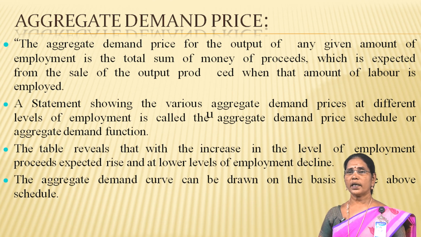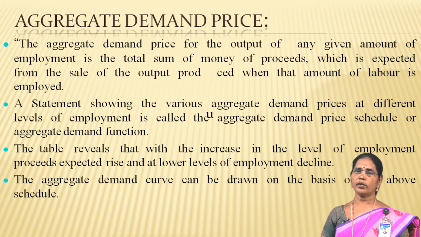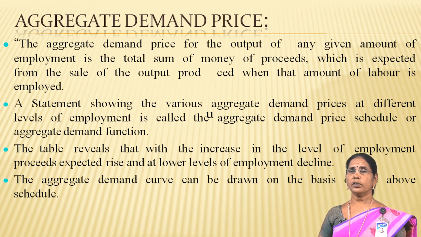Now we have to see the aggregate demand price. The aggregate demand price for the output of any given amount of employment is the total sum of money proceeds which is expected from the sale of the output produced when that amount of labor is employed.